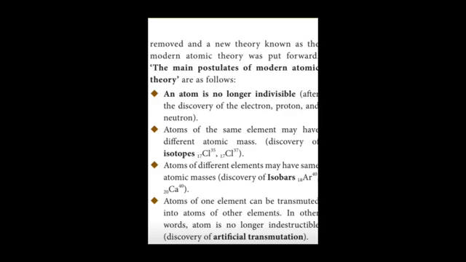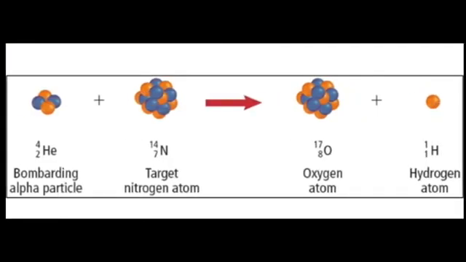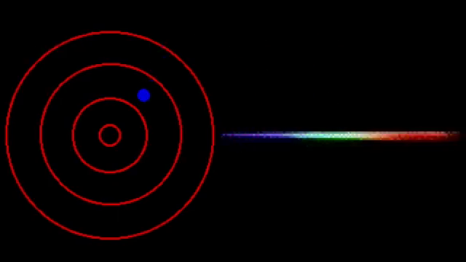Hence, it is said that atoms are indestructible. So, in this example, when a nitrogen atom is bombarded with an alpha particle, it gives an oxygen atom. Bombarding means that some particles are made to strike something with great speed.